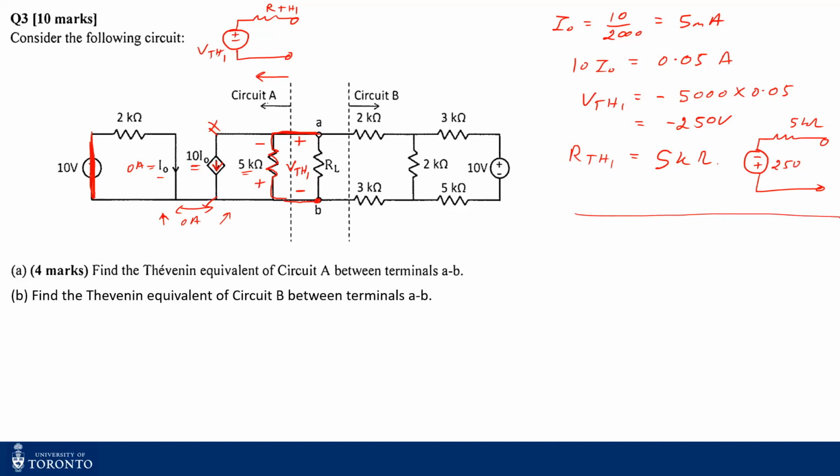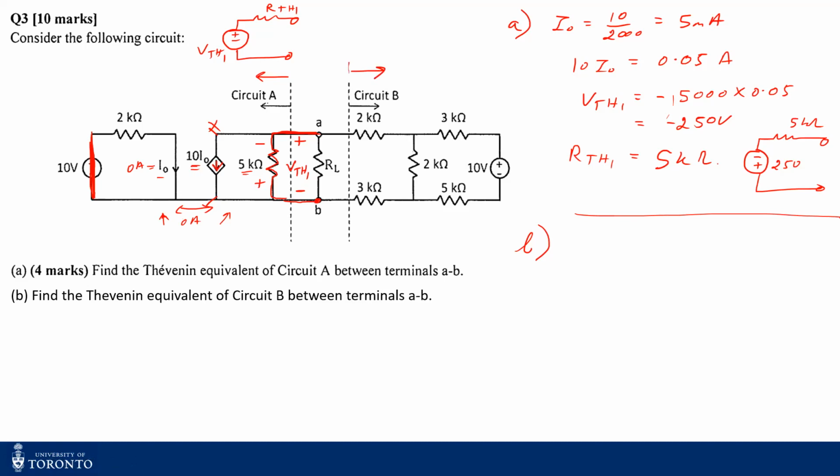So that is for my part A, and for part B, you are required to find the Thevenin equivalent of circuit B, which is the right-hand circuit. Now forget about the left-hand circuit.